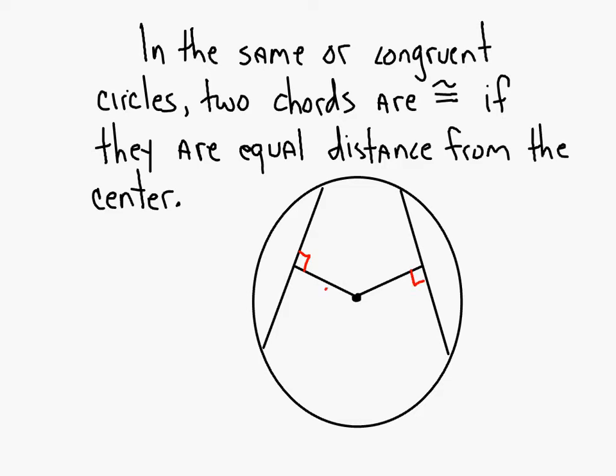And if the distance from the center to one chord is the same as the distance from the center to the other chord, then the two chord lengths are congruent. So in this case, segment AB is going to be congruent to segment CD.